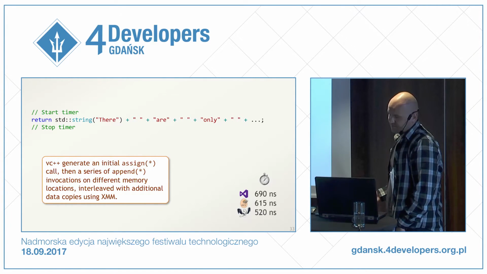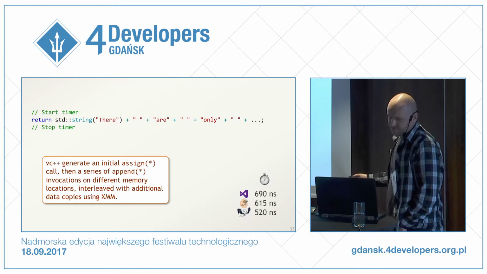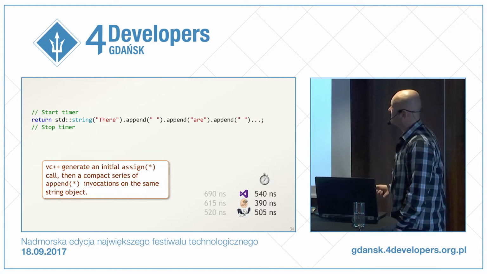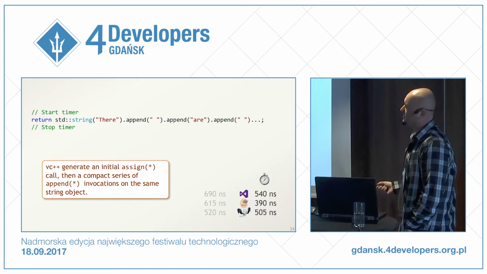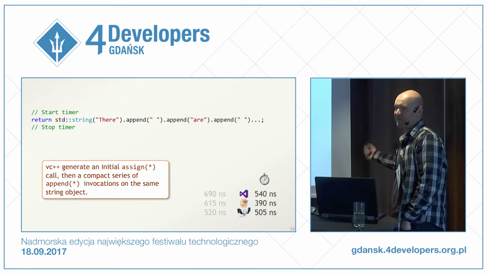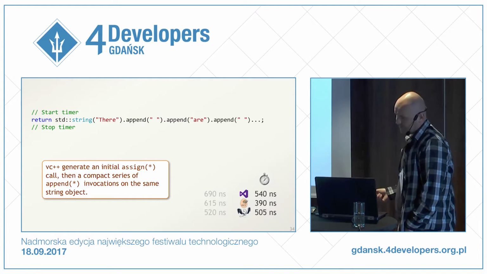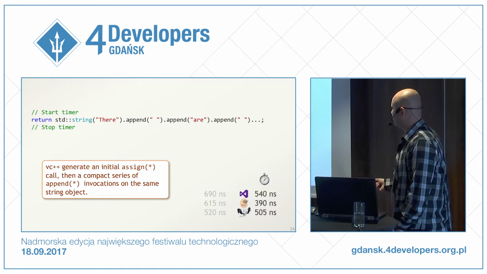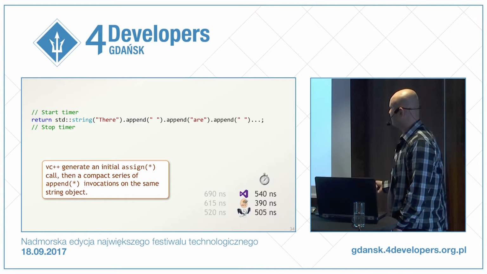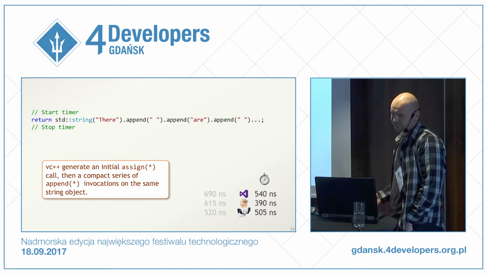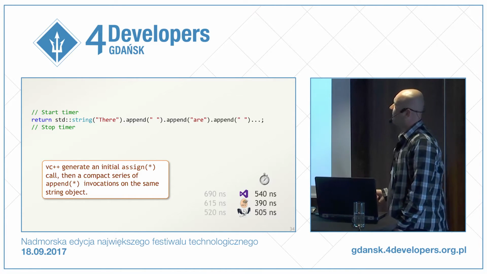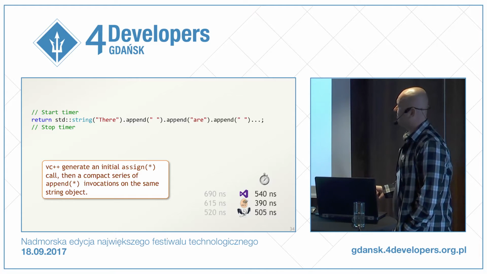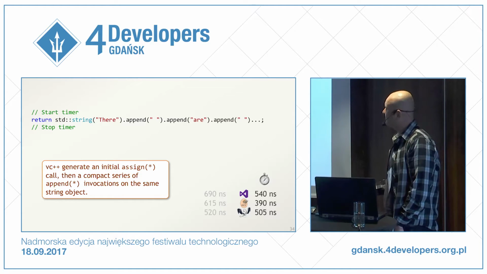So we can do it better, like this one, when we have a single object and call append on it. And the times are slightly faster. Still, we are above 300 nanoseconds. Now Visual Studio does it quite well.